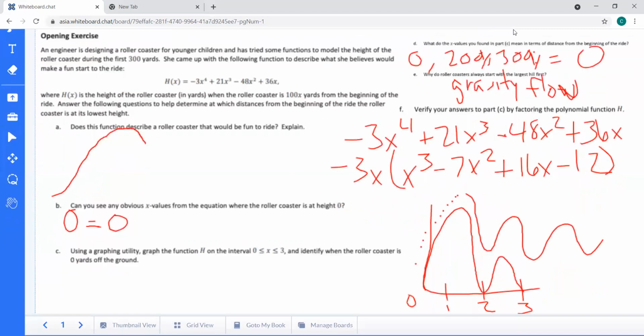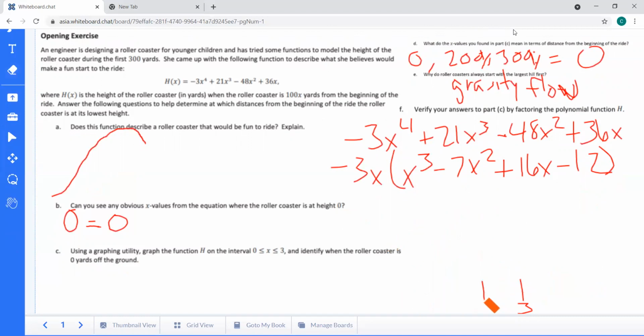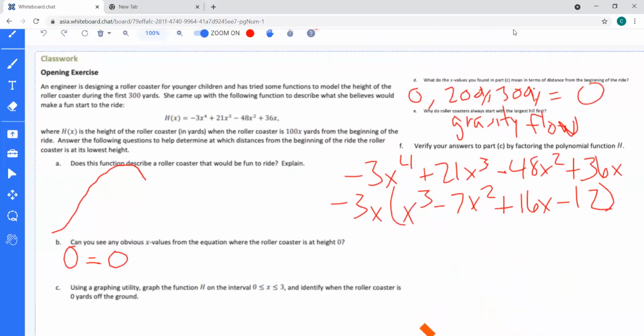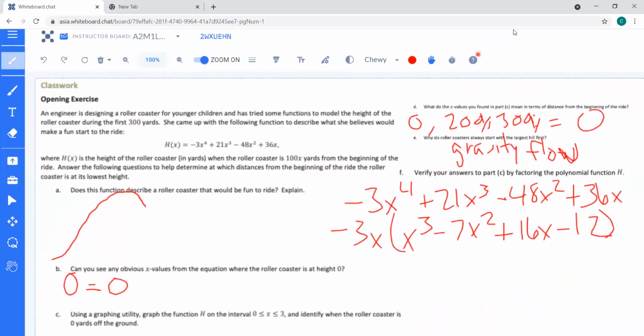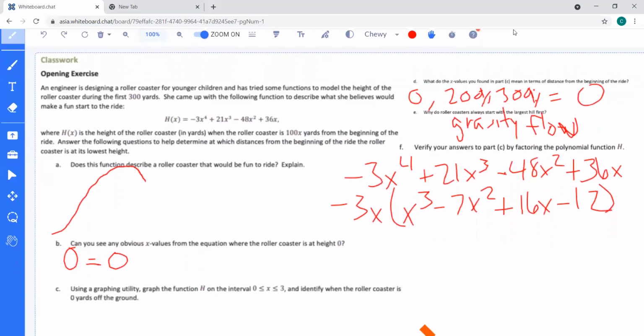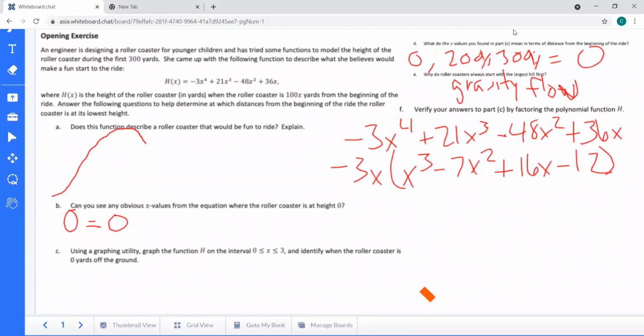Doesn't tell us these zeros or anything like that. But I can just about tell you, I'm going to erase my drawing here. If we know at 200 yards and at 300 yards and at 0 yards, it's going to be 0, those are our zeros.